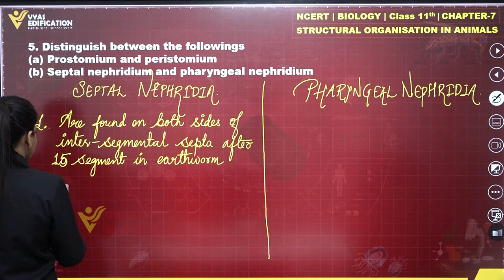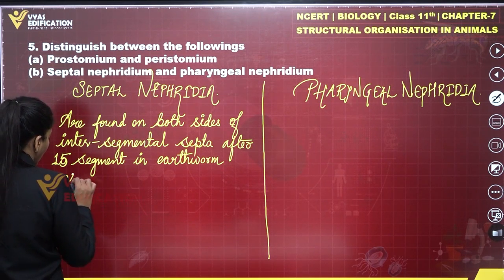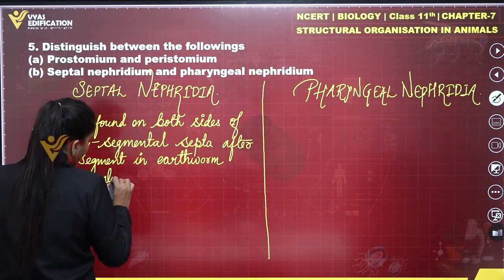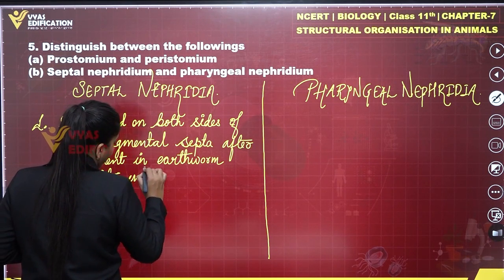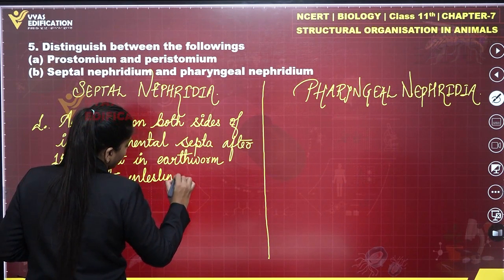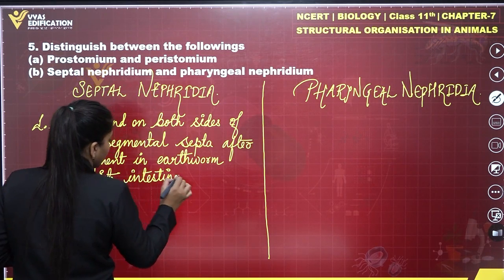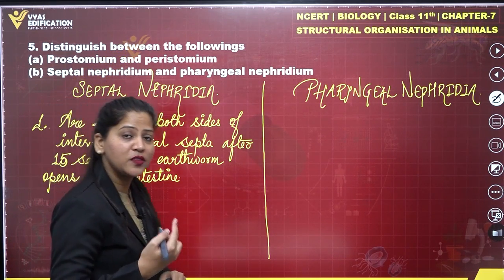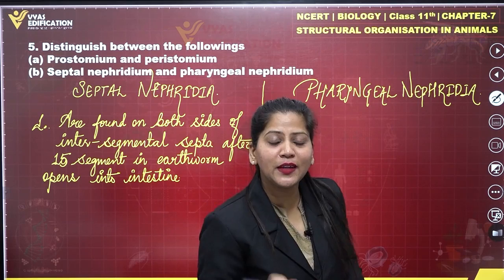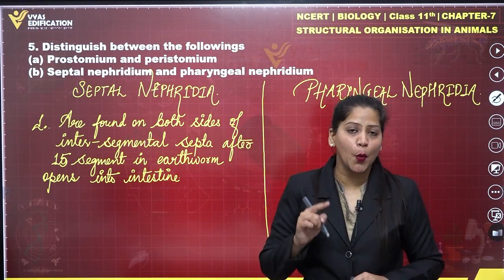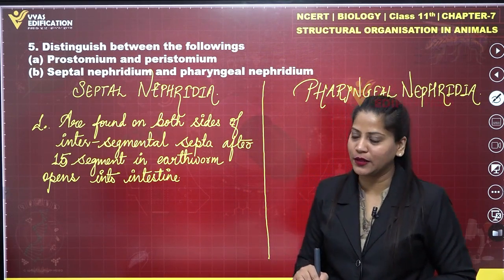Also, they open into the intestine. Which nephridia opens into the intestine? The septal nephridia of earthworm open into the intestine.